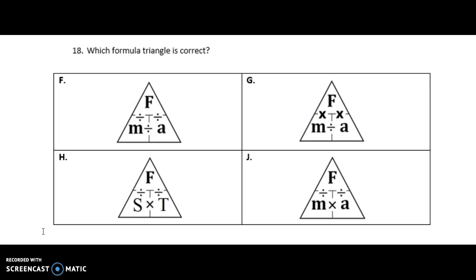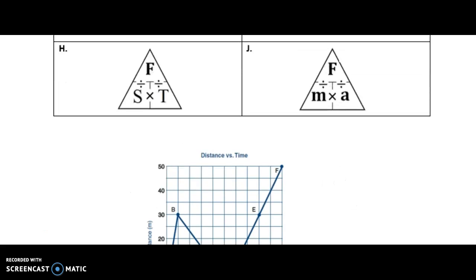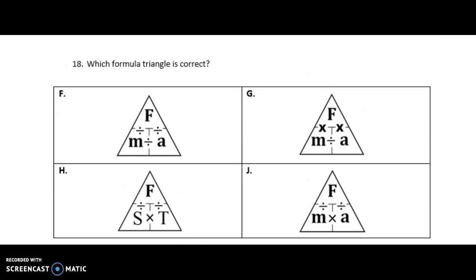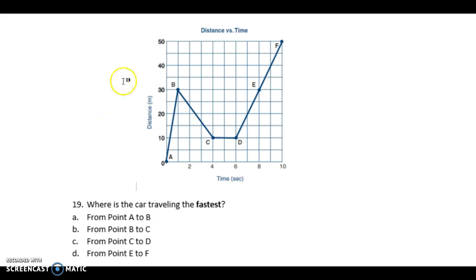Number 18. Which formula triangle is correct? F, G, H, J. Number 19. This graph shows distance versus time.